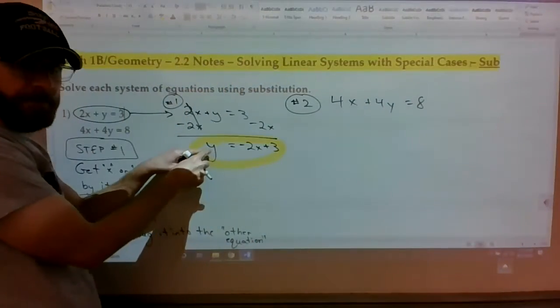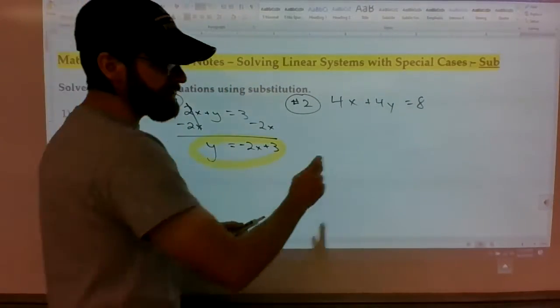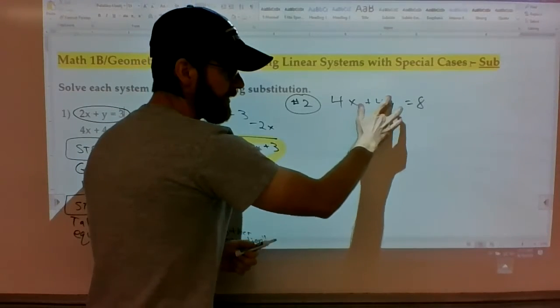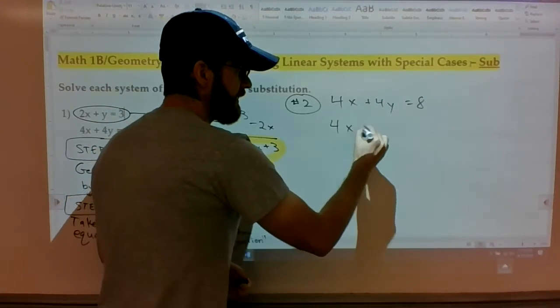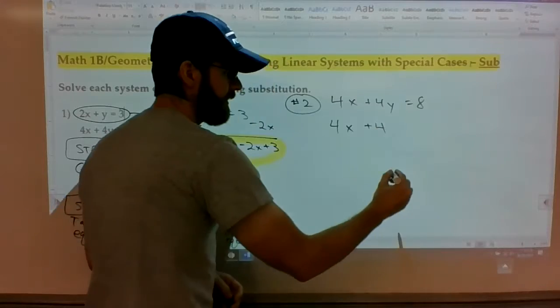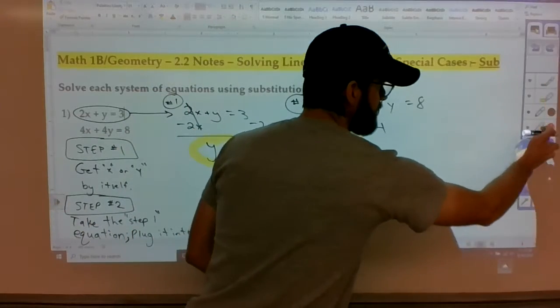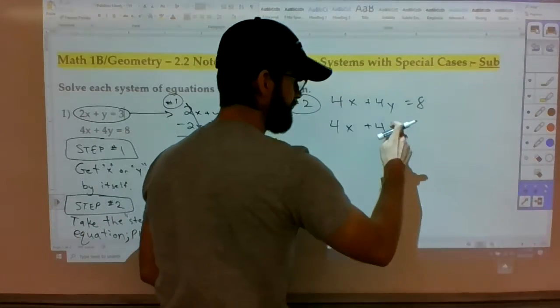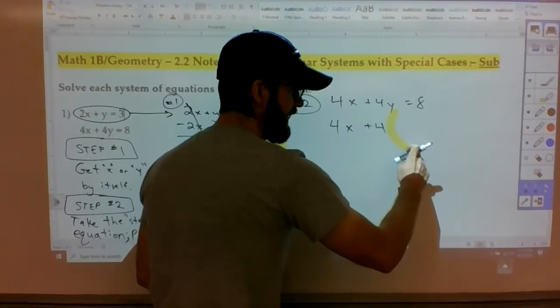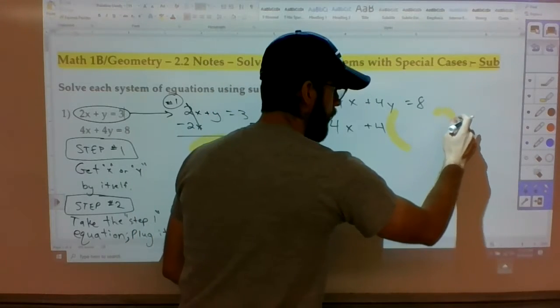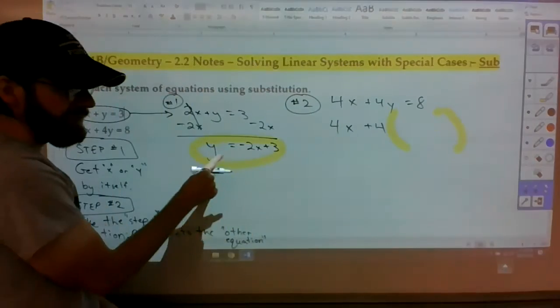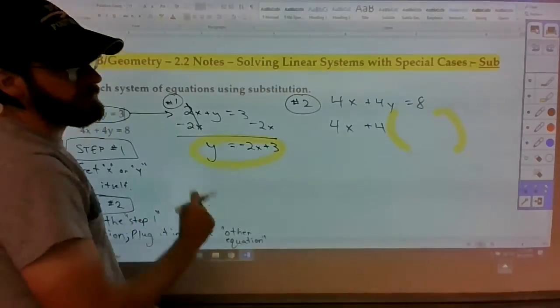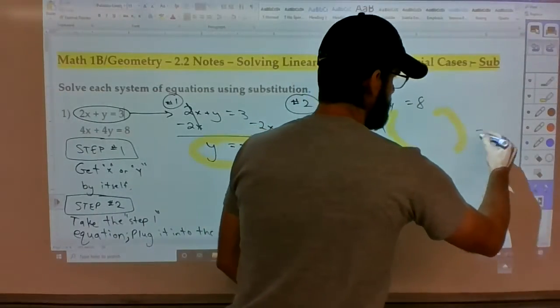If I got y by itself in this one, I'm basically saying the y here is going to be replaced with the yellow expression. This equals 8.